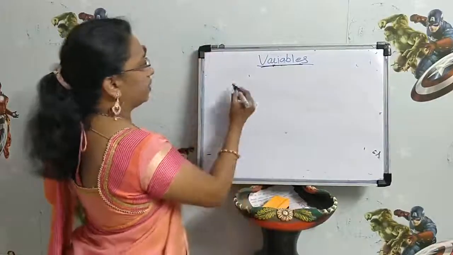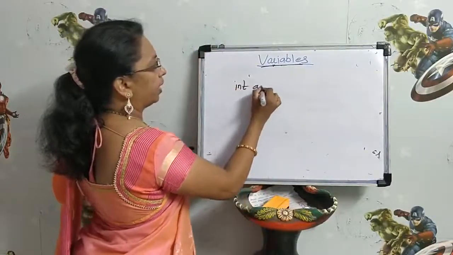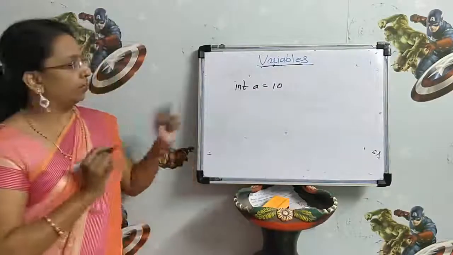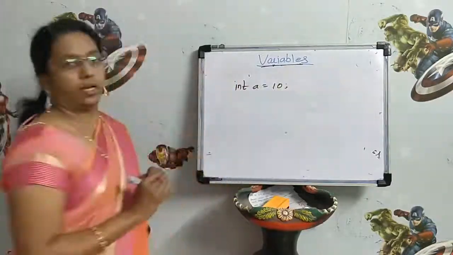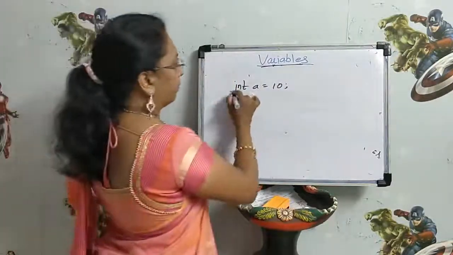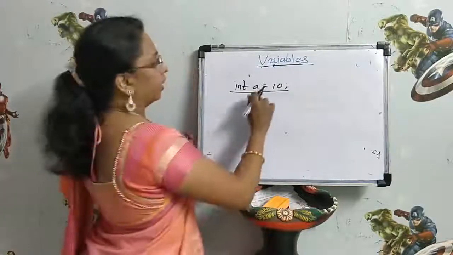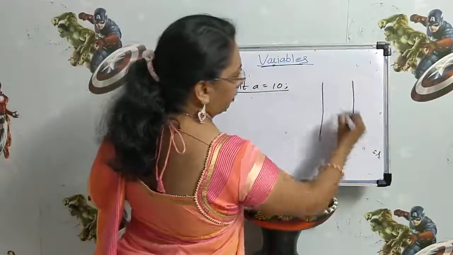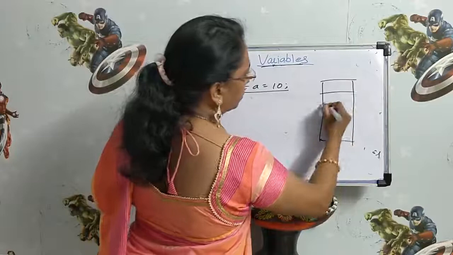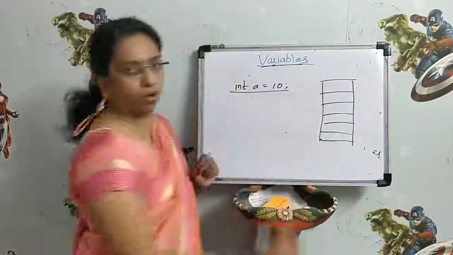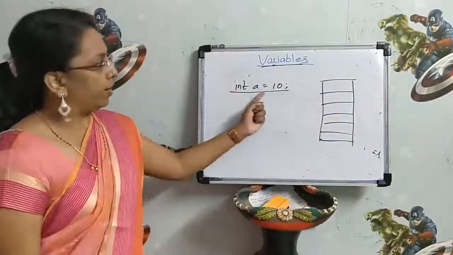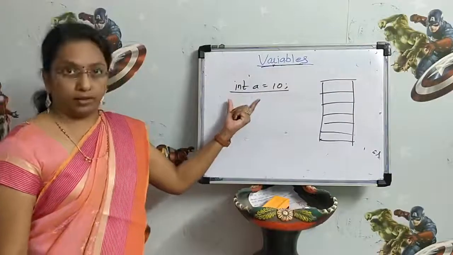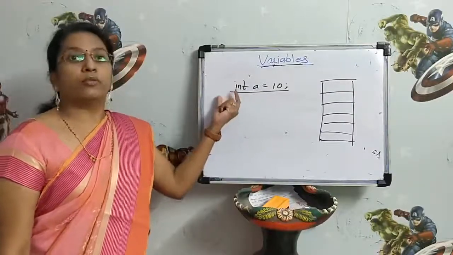See here, in the previous example, I have written int a equal to 10. Whenever I have written this statement, just assume this is the memory. You know that memory consists of multiple blocks, right? So whenever I write this statement, what does it mean? This is the variable which is of type integer.